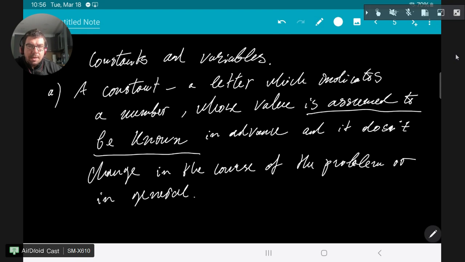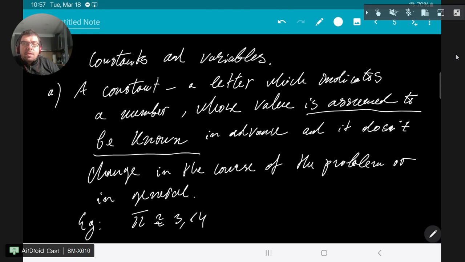So what does that mean? Okay, we are using constants very frequently when we're doing mathematics, and the simplest example of a constant is pi. All right, for example, pi, which is approximately, as you know, 3.14.